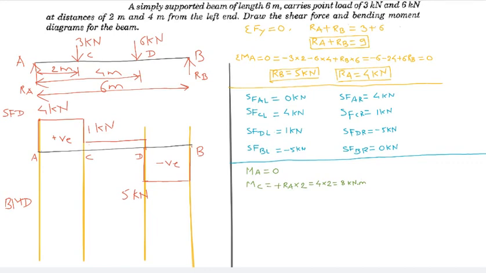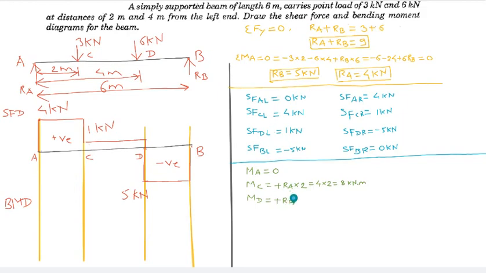Similarly, find the value of moment acting at point D. To find the moment at point D, you can consider again the portion to the left of D or the portion to the right of D. So let us consider the right side portion, which consists of only one force, that is RB. Here RB is going in upward direction, so its moment will also be positive.